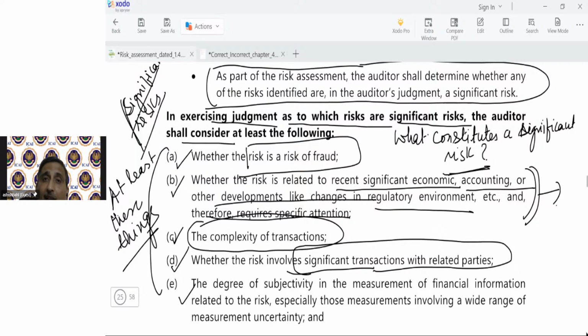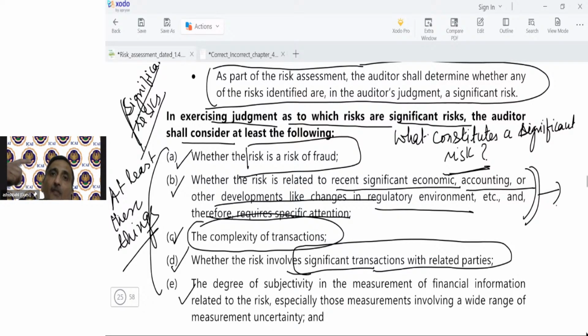So the first thing is whether you are able to understand the question. If you see that the question is asking what are the factors that the auditor should consider while determining whether a risk is significant or not, then naturally, logically, some 2-3 points should come to your mind.